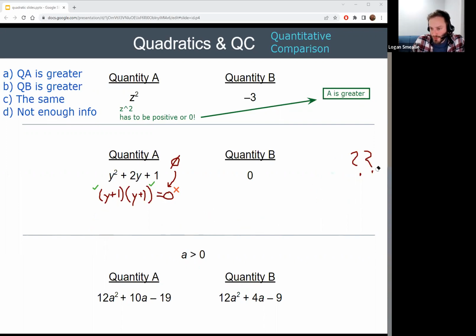However, we do ultimately have enough information to solve this one. And it comes from a different way of reinterpreting these paired binomials, not by setting them equal to 0. That's what we can't do unless we have an equation already set up.